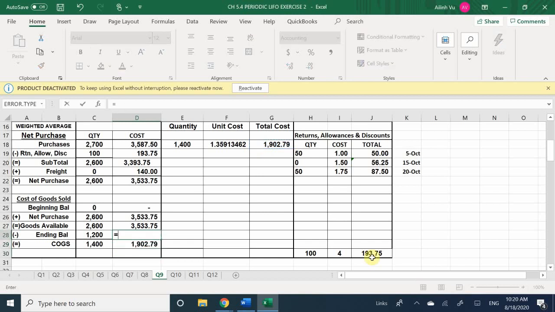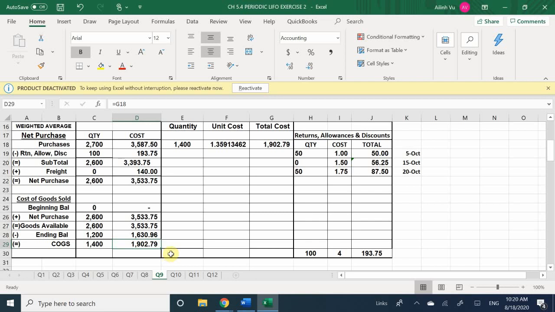All right. And what is my ending balance going to be here? 1630.96. 1630.96 is correct.